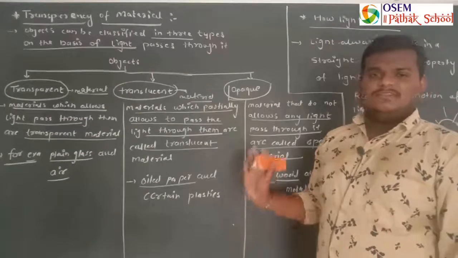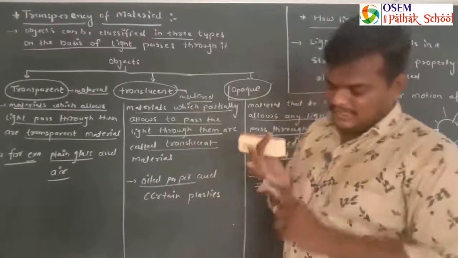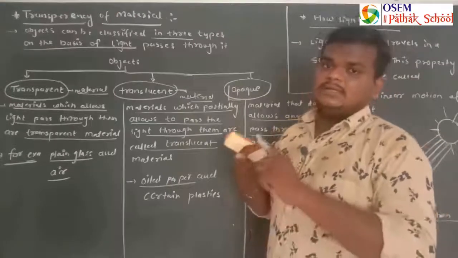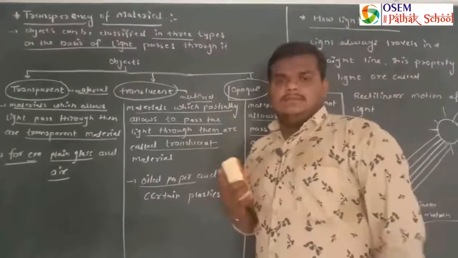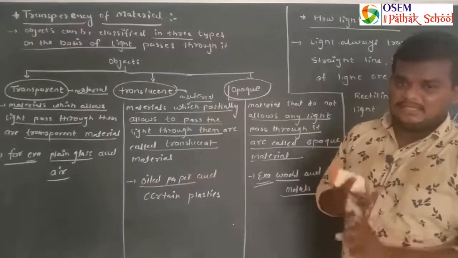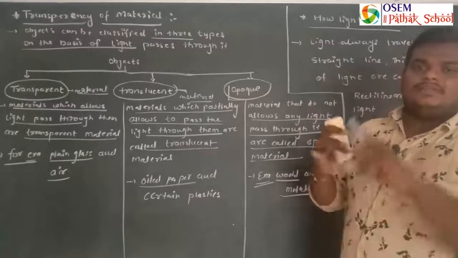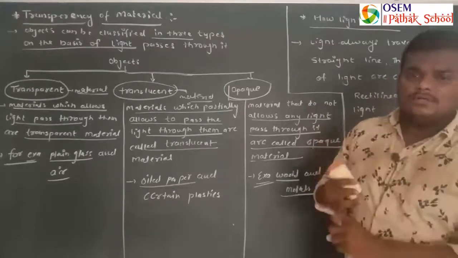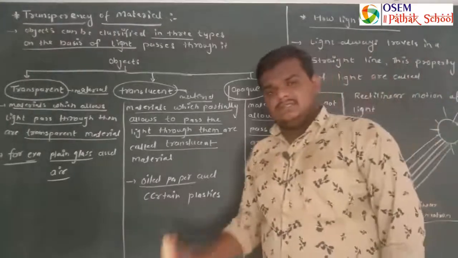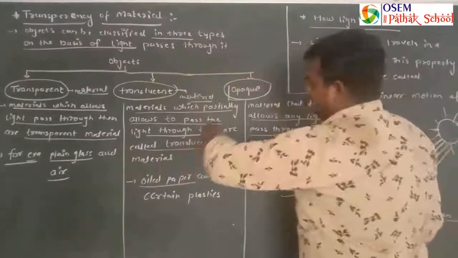On the basis of transparency, materials can be classified into three types: transparent, translucent, and opaque. Transparent, which can pass the light easily; translucent, passes the light partially; and opaque, which does not allow the light to pass through it. So these are the three types of materials.